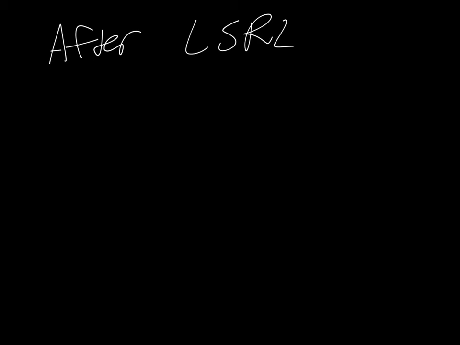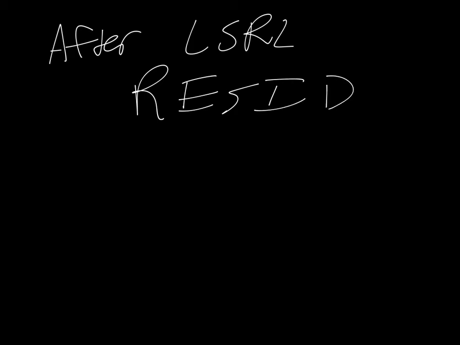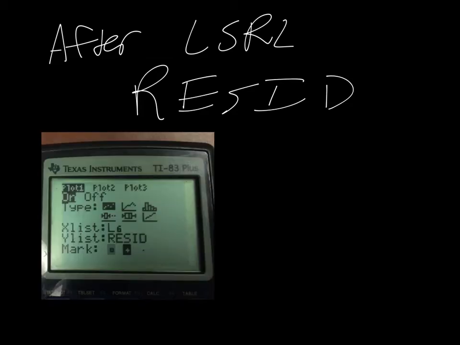There is a list, this is your list of lists. I want you to go into that list of lists and see if you can find the list that we would consider to be my list of residuals. All right, and if you do that, you'll see that that list is called RESID, which stands for residuals.